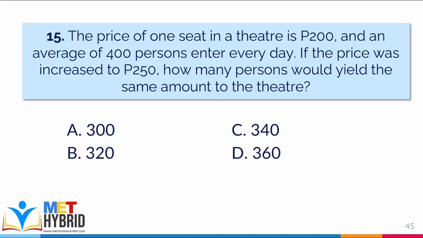Question number 15. The price of one seat in a theater is 200 pesos, and an average of 400 persons enter every day. If the price was increased to 250, how many persons would yield the same amount to the theater?